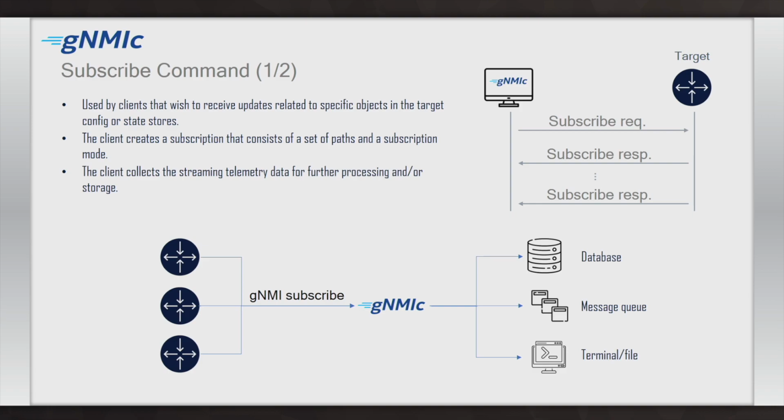Either a database, where InfluxDB or Prometheus are the most popular TSDBs used with streaming telemetry. You can write to a message queue. gNMIc supports Kafka, all flavors of NATS, so JetStream, STAN, that's deprecated, and plain NATS. Or you can write it to a file or just dump the results to a terminal for you to read.